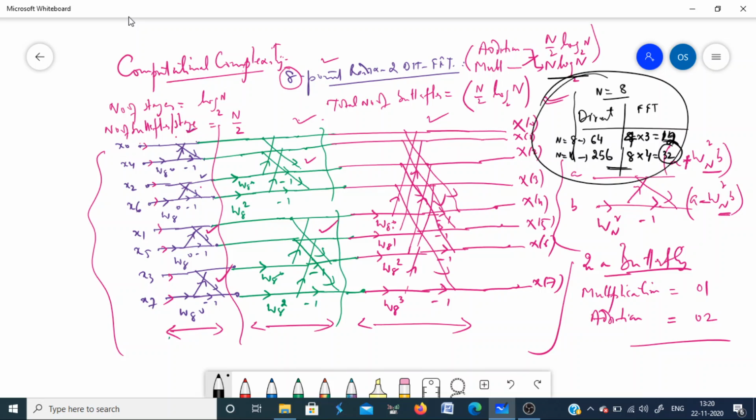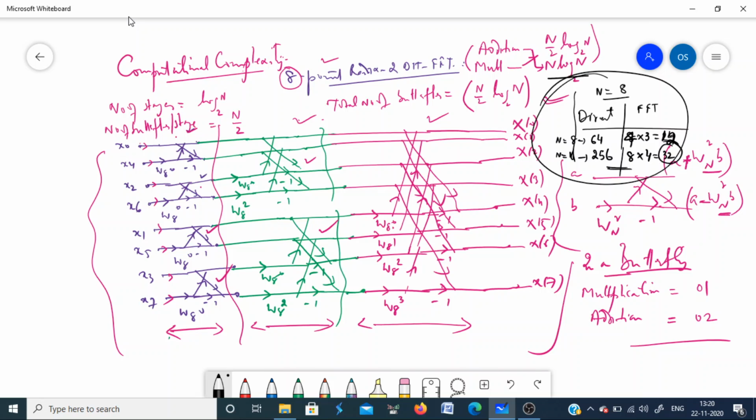For each operation you need some clock cycles to complete. So the fewer clock cycles it requires, the less time is required to compute the algorithm. So it is a very fast and efficient algorithm for computing the DFT. In fact, FFT has brought a great revolution in the area of signal processing.